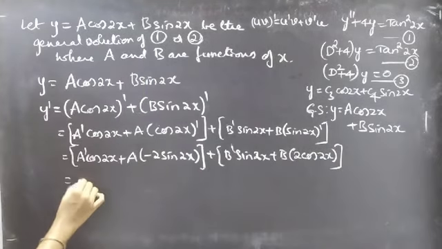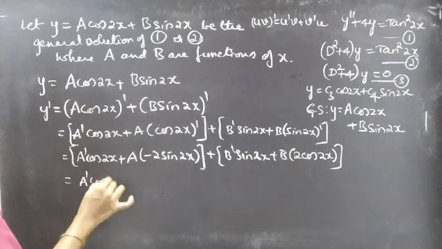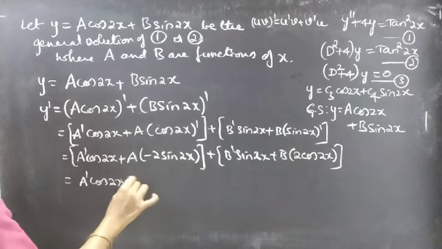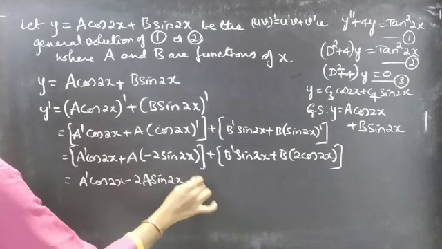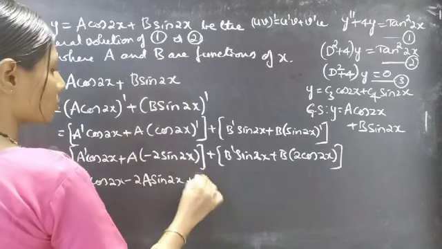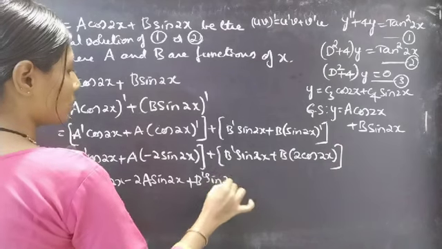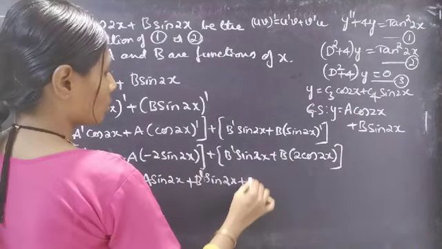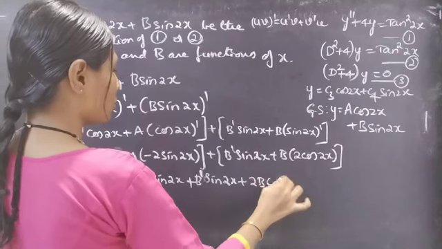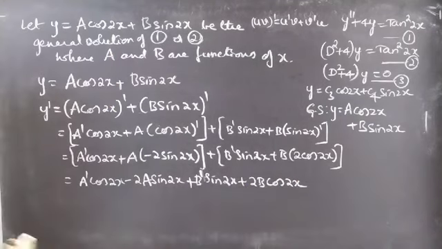Right? This becomes a' cos 2x plus minus 2a sin 2x plus b' sin 2x plus 2b cos 2x.